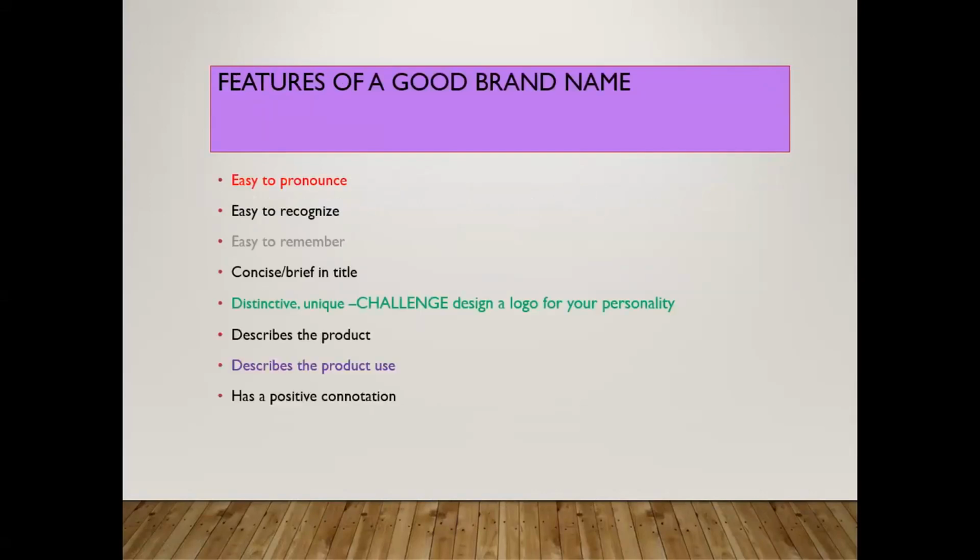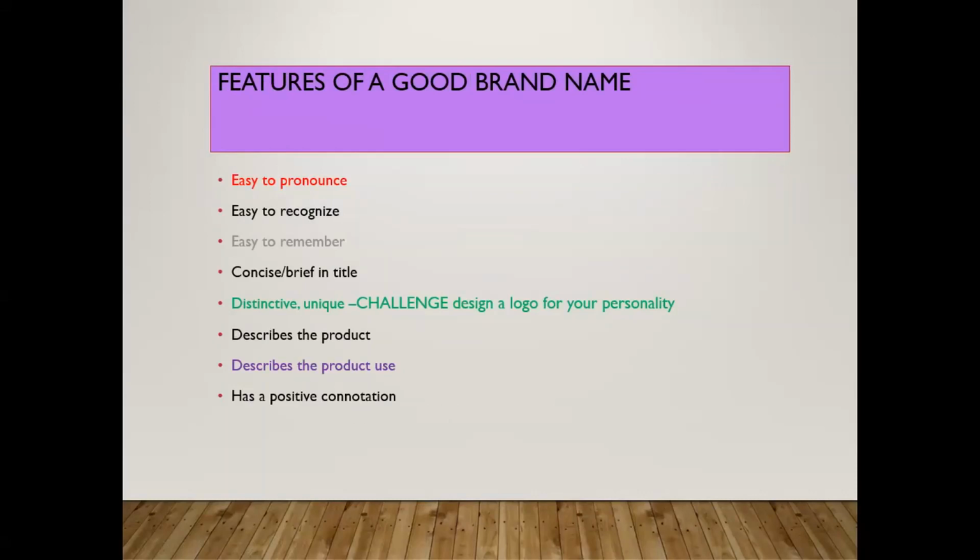What are the features of a good brand name? Companies use branding because it's very convenient. So a brand name is usually easy to pronounce, easy to recognize, easy to remember, usually concise or brief in title, and it usually has a distinctive or unique feature.